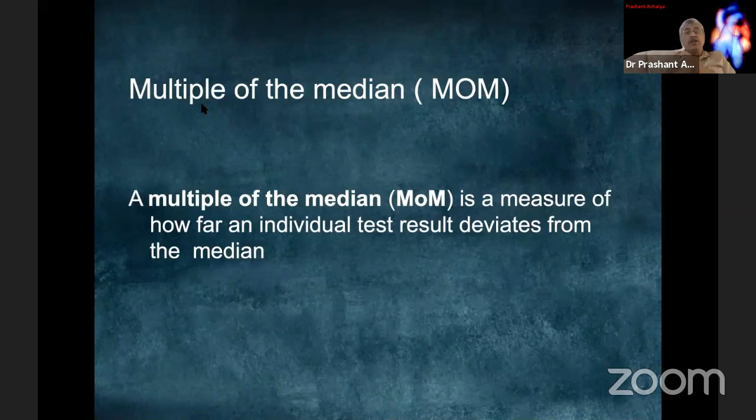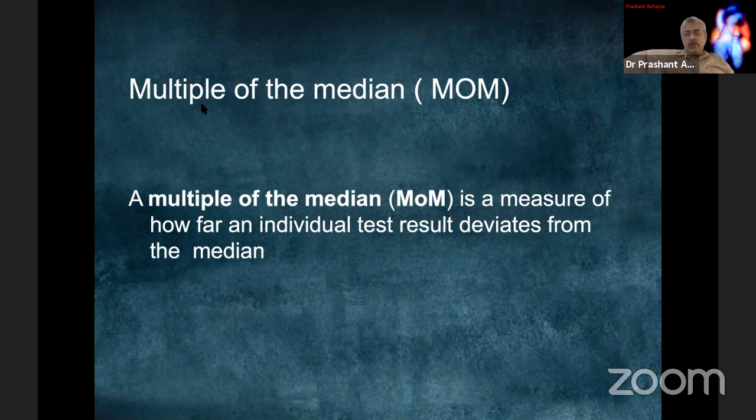If I say it is 0.8 MoM, that means it is 20% less than the median value. That is 0.8, because 100 is the median and 80 is 20% less. If I say 0.2 MoM, it says that it is only 20% of the normal value.